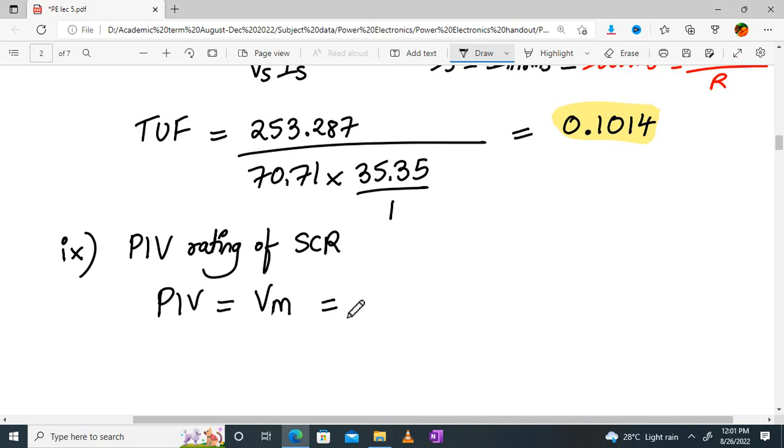Rating of the maximum reverse voltage across the SCR that SCR can handle when it is in the reverse blocking mode is called as PIV rating. Yesterday I have explained you what is PIV rating. So what is VM? 100. Peak inverse voltage.